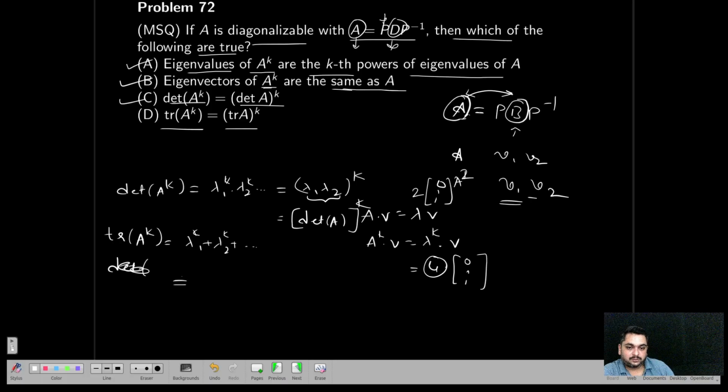This is not equal to writing the sum of eigenvalues, lambda 1 plus lambda 2 and so on, power k, because this is not a proper mathematical property. You cannot write it like this. That means 1 square plus 2 square is not equal to (1 plus 2) square. This is wrong, right? This will be 5, this will be 9. So this is not correct.